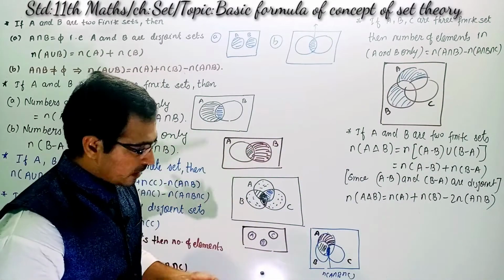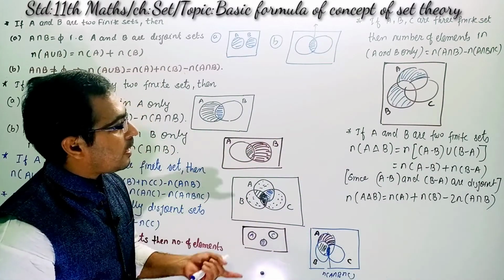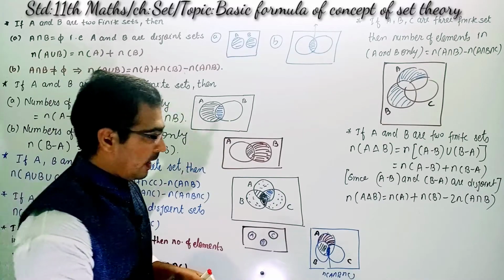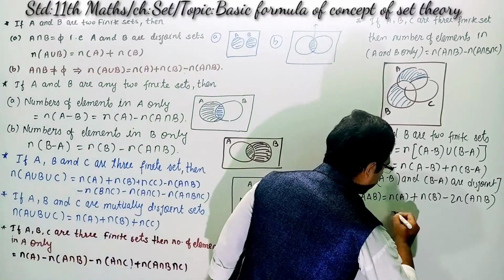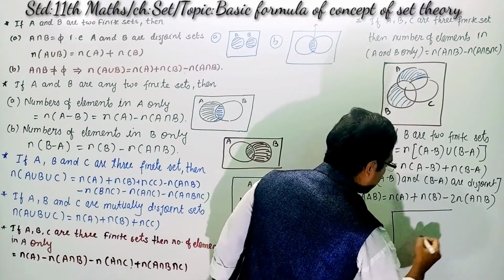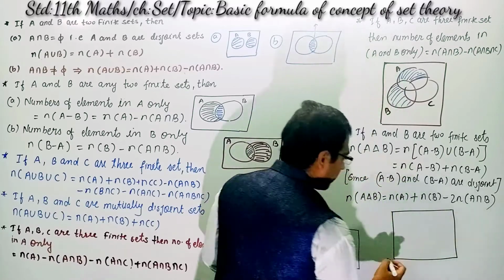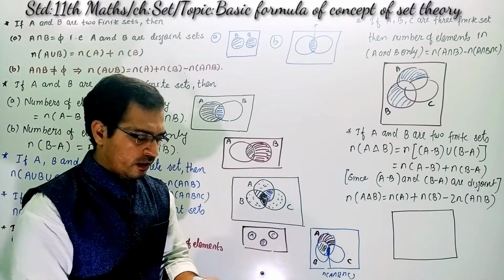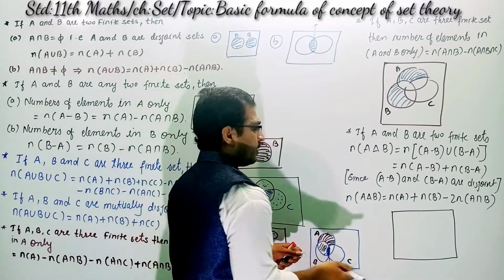Okay, now the next point: if A and B are two finite sets. Finite sets mean, students, something will be common in both sets.